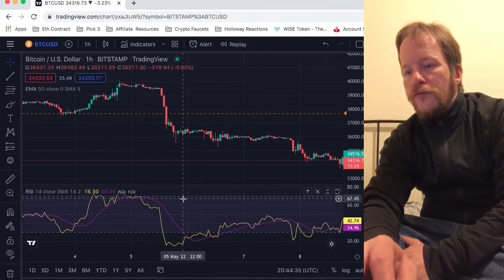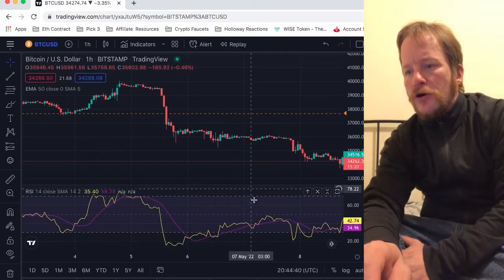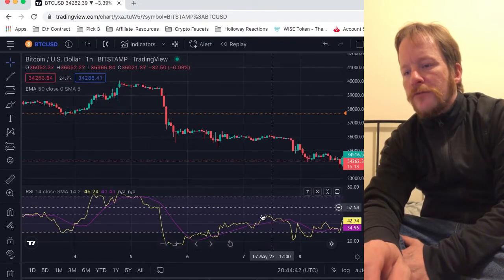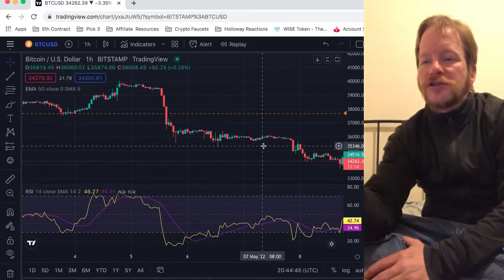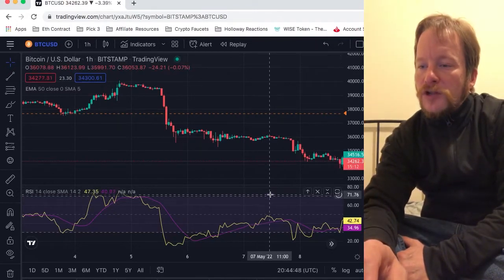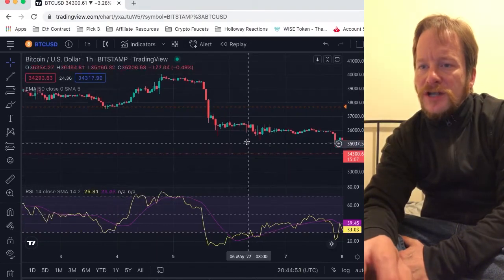What you're looking for is you want the RSI to keep climbing, but since we're in a bear market, it's not going to go that high unless there's a bull run going. But let's look at some previous examples.